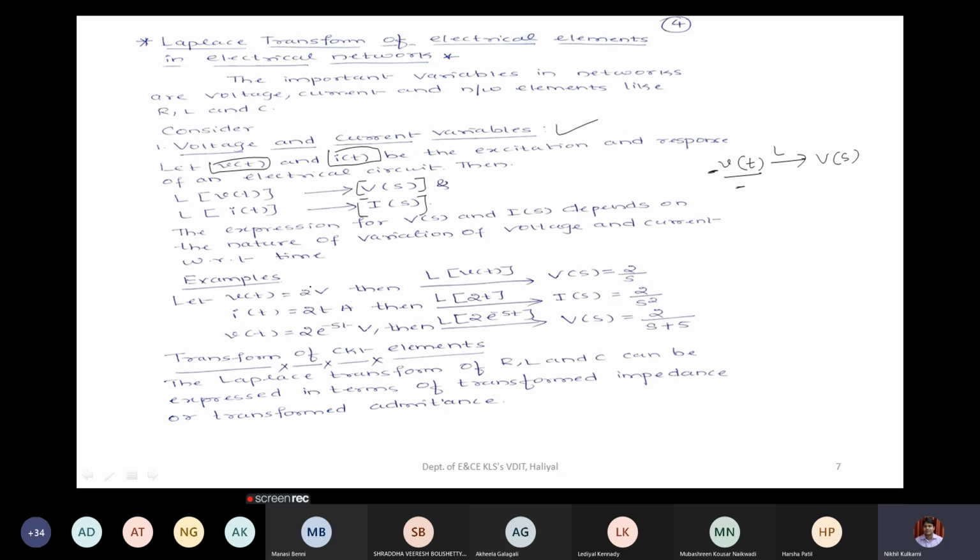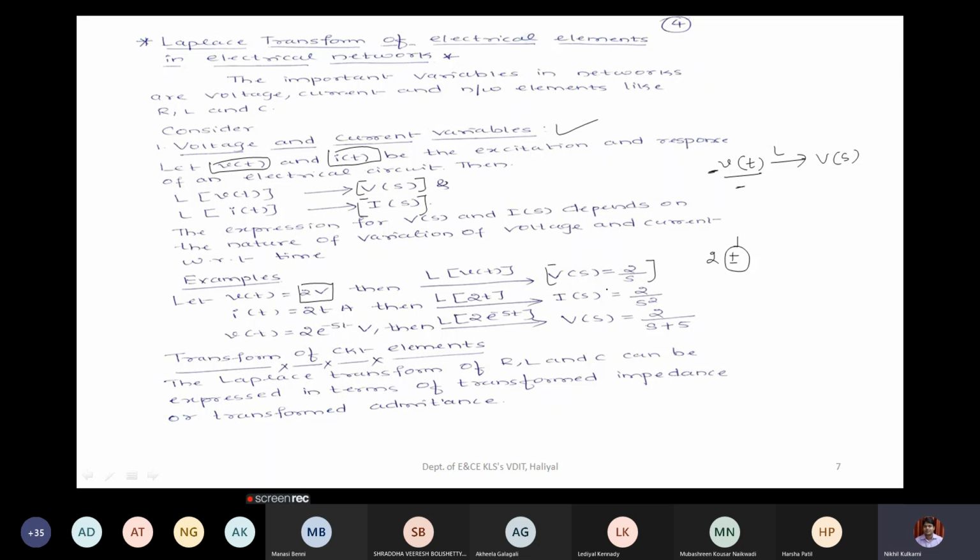If V of t is 2 volts, that means in the circuit elements it is given like this, 2. 2 is a constant, and we know the Laplace transform of a constant is the constant divided by s, right? So V of s will not be only V of s, it will be 2 divided by s now. Okay. Are you getting this, everyone? Yes.